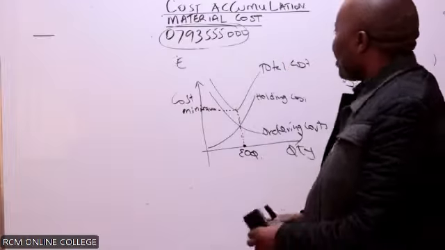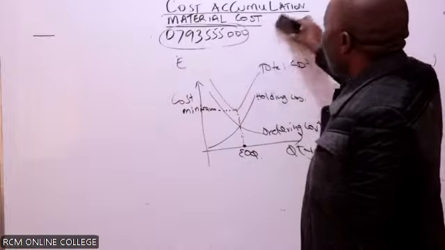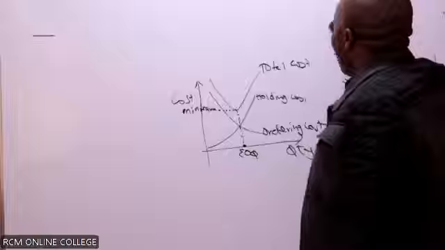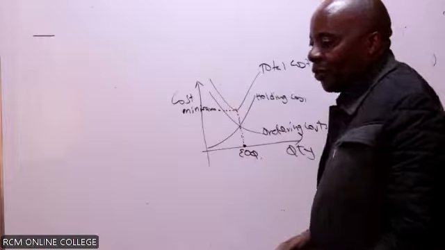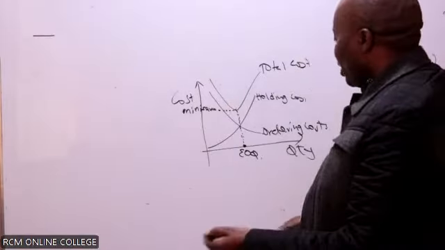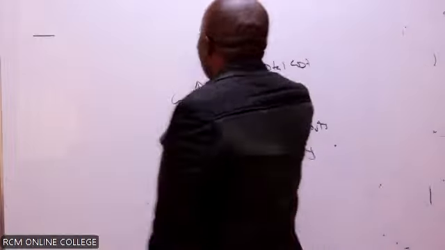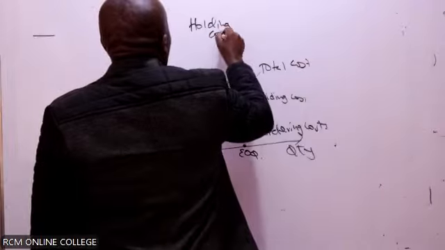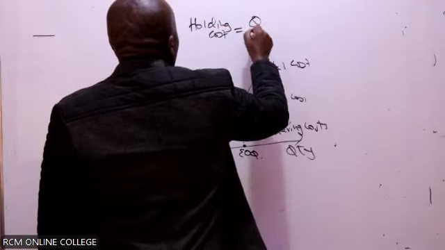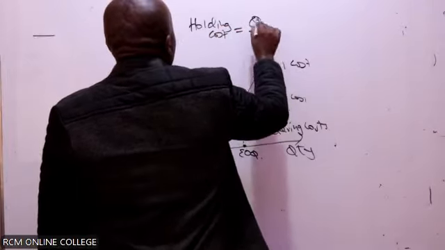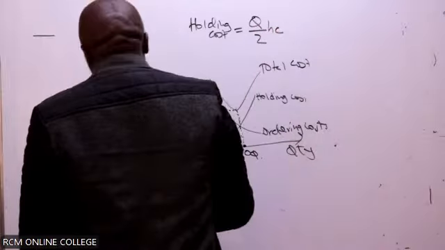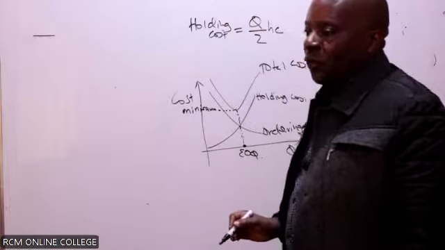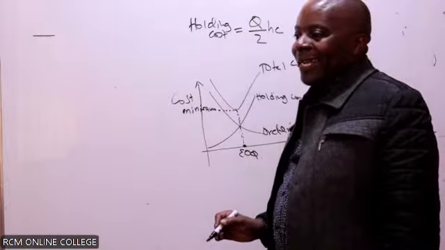Now, ladies and gentlemen, I would want you to listen to me very well. Whenever they want us to give them holding cost, how do we give them holding cost? We take Q over 2. It's always based on average stock. So holding cost is Q over 2 multiplied by HC.